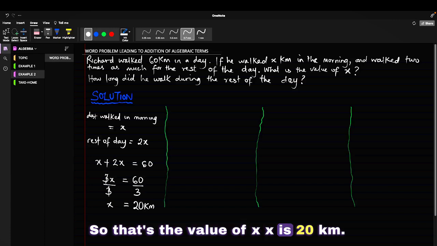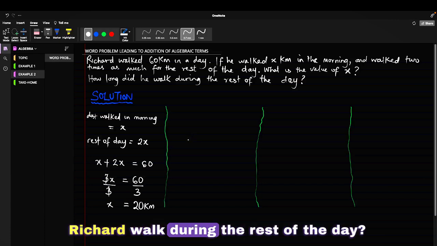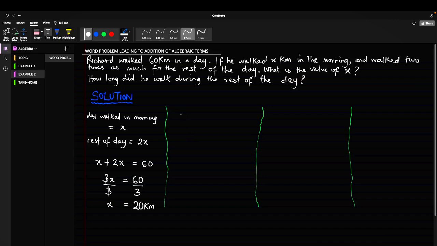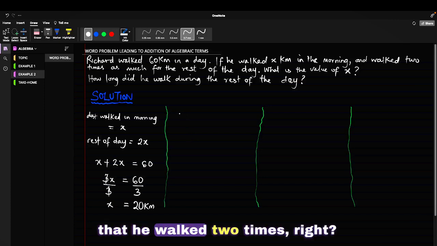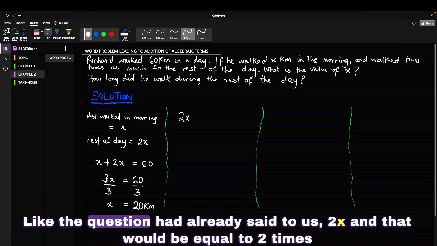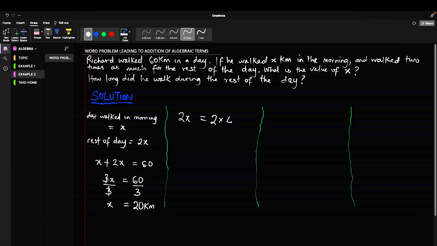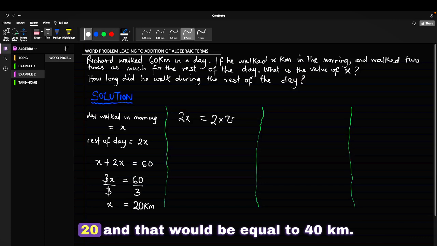X is 20 kilometers. So now it's asking us, how long did Richard walk during the rest of the day? The rest of the day means that he walked 2 times, right? Like the question had already said to us, 2x. And that would be equal to 2 times 20, and that would be equal to 40 kilometers.